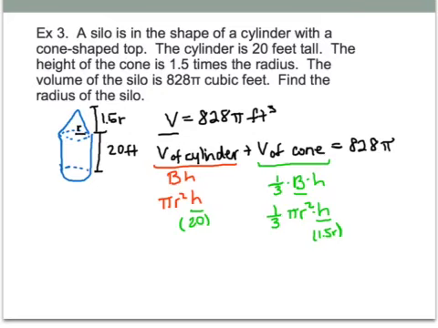So when I plug all these values into my equation, it should look something like this: pi r squared times 20 plus 1/3 times pi r squared times 1.5 r. And of course that's equal to 828 pi. You need to solve this equation for r. Make sure you combine like terms and simplify. And then come see me if you have any questions. Good luck.